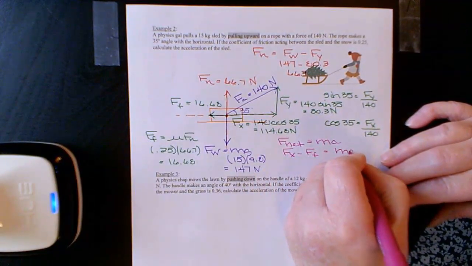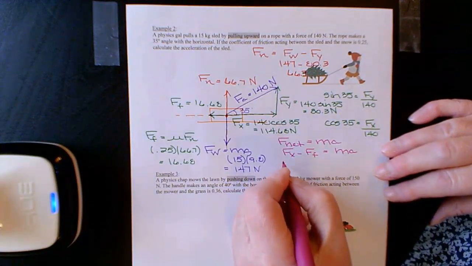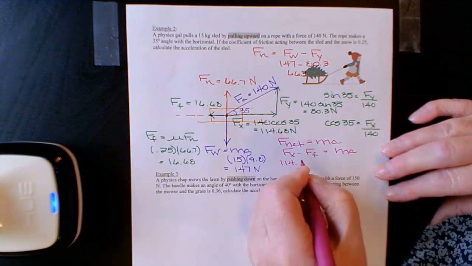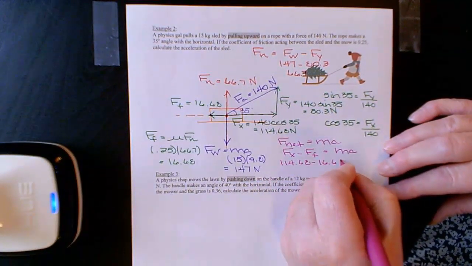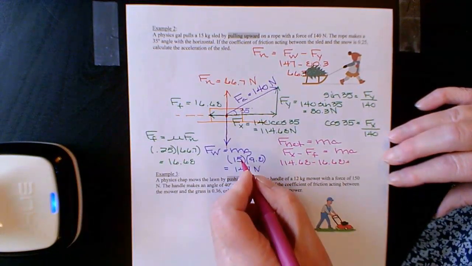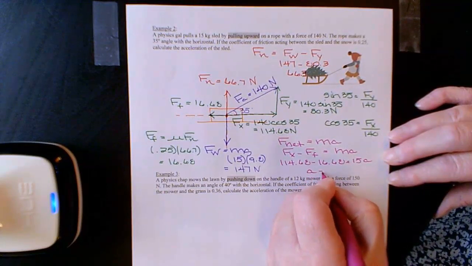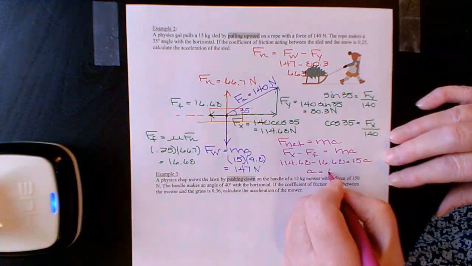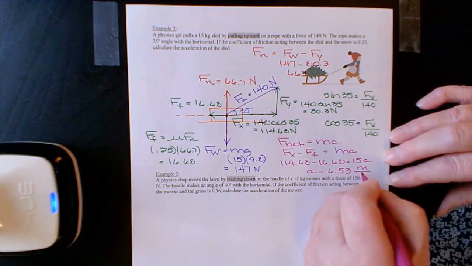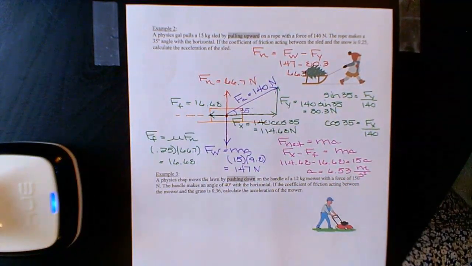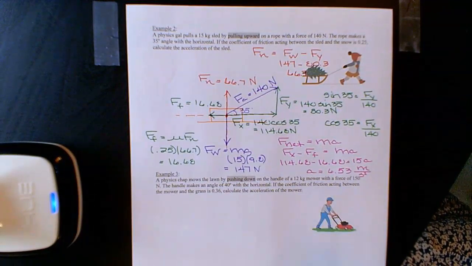And I'm picking the x direction because the sled is sliding over the snow in the x direction. And then I'm just going to solve for the acceleration. I'm getting the mass from here. And so when this gal first pulls on the sled with this force, she's going to get an initial acceleration of 6.53 meters per second squared.